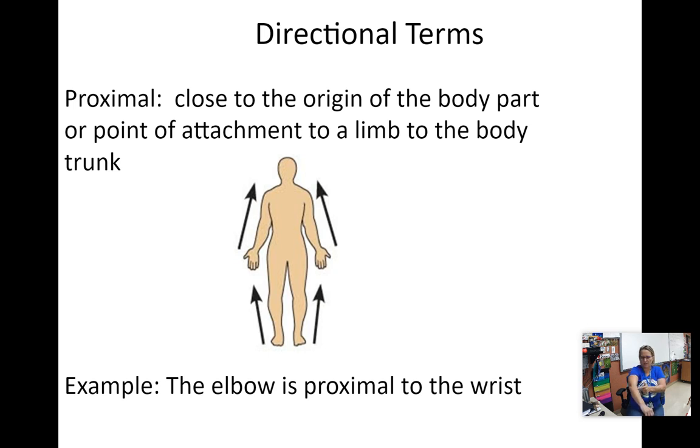The insertion is on your elbow side because when you contract, that muscle is pulling. And so proximal means close to the origin. So if you think about, let's say, your elbow is proximal to your wrist because it's closer to where it's attached.